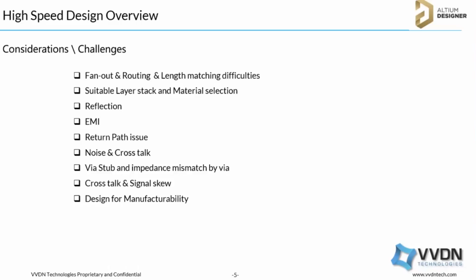Crosstalk I have mentioned already. And signal skew. And finally, your board should be manufacturable, right? So we need some rules to verify the manufacturability of the design. So these are the challenges, and these are the points to be considered if you are developing a high-speed design, right?